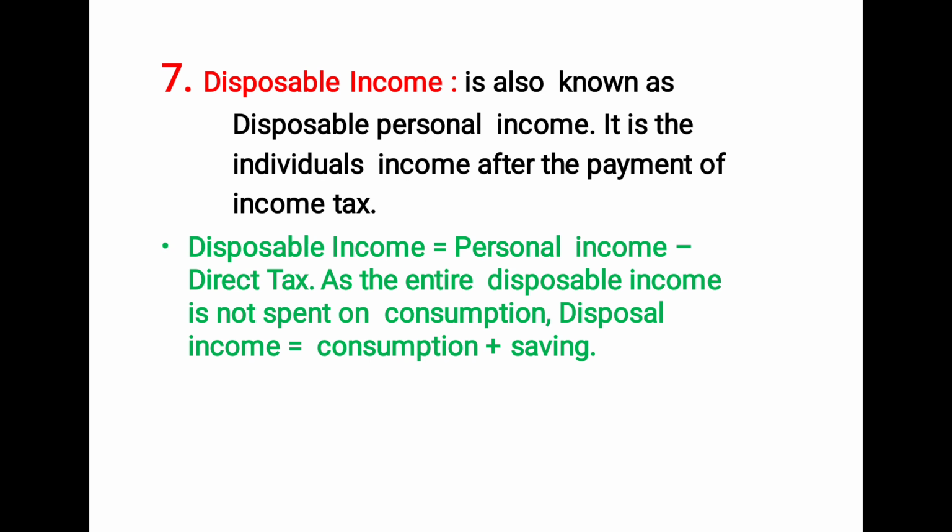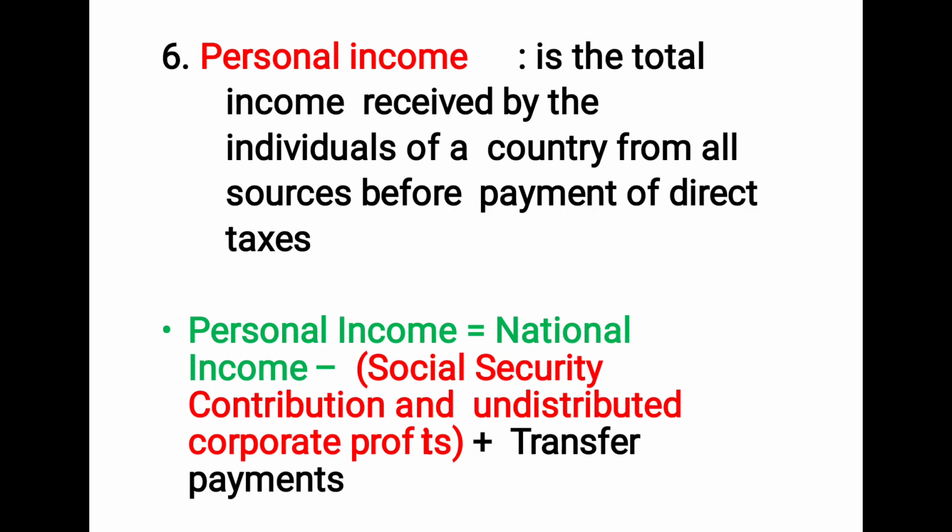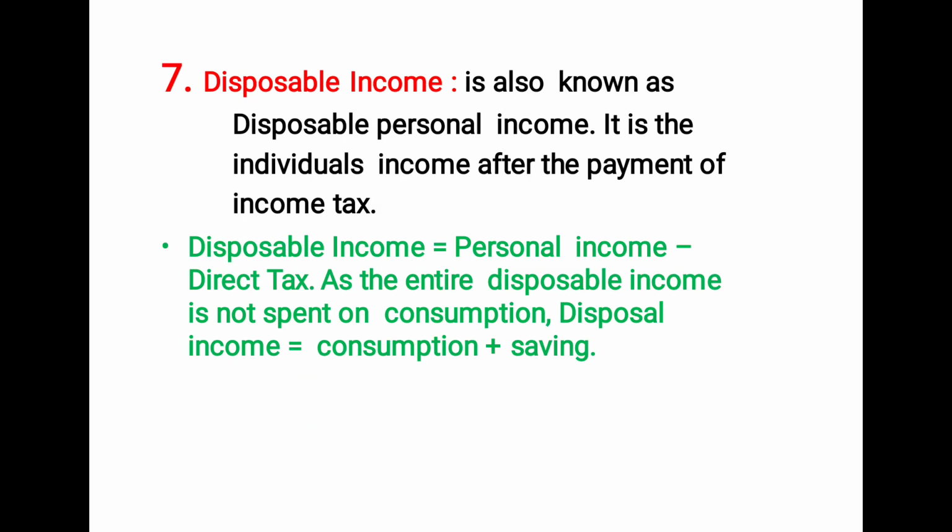What is disposable income? Disposable income is an individual's income after he pays the income tax. Previously we have seen personal income, on which we have not paid the direct tax. But whatever income you get after the payment of the income tax is called disposable income.